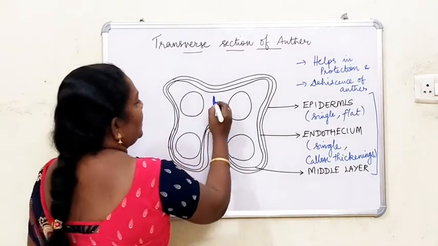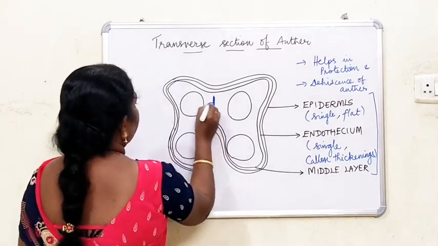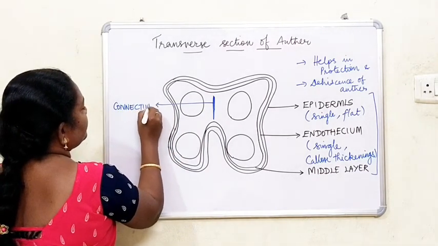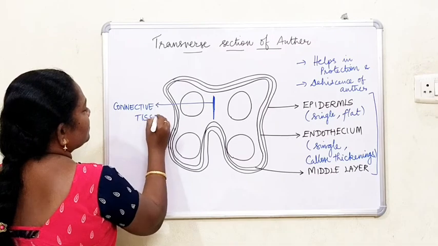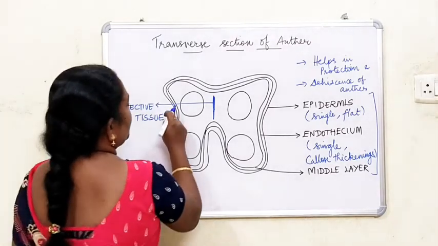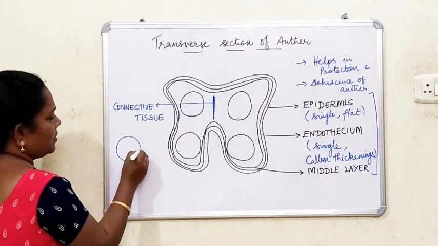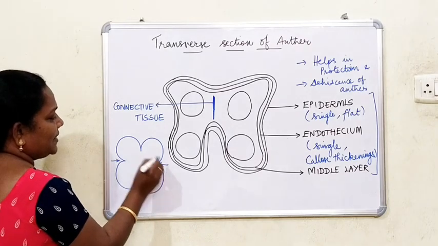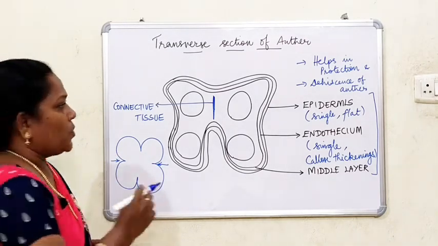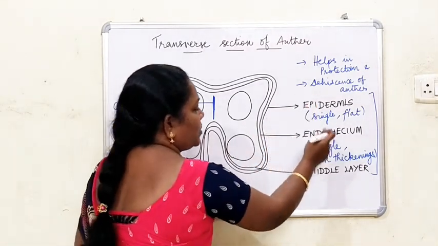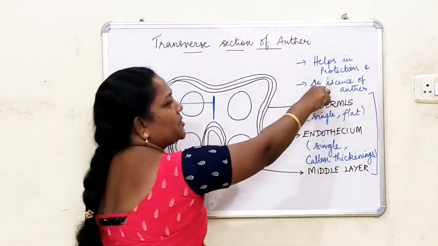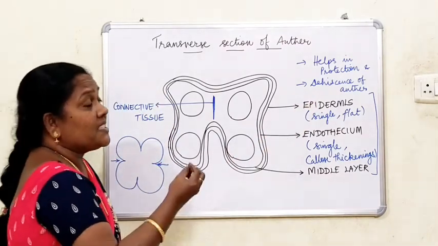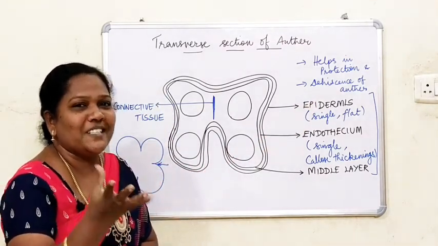I shall mark it here. Normally, if you look at the normal diagram, it is like this. Here only, dehiscence, the split opening, occurs. So these three layers, epidermis, endothecium and middle layer, help in protection and also in dehiscence of the anther. When the anther splits open, the pollen grains are released.